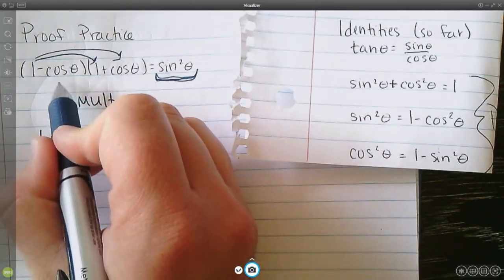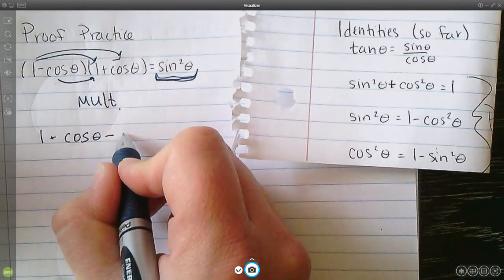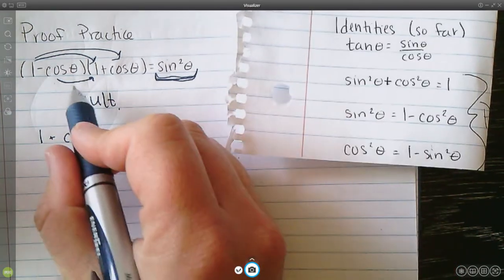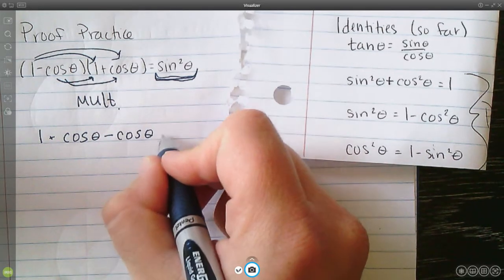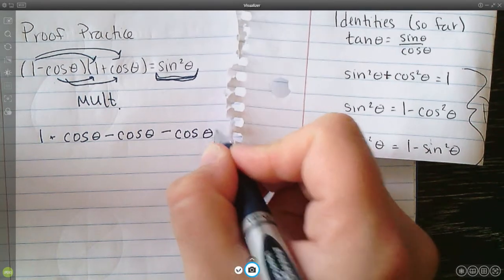Then negative cosine theta times 1 is minus cosine theta. And then negative cosine theta times cosine theta is going to be minus cosine theta squared.